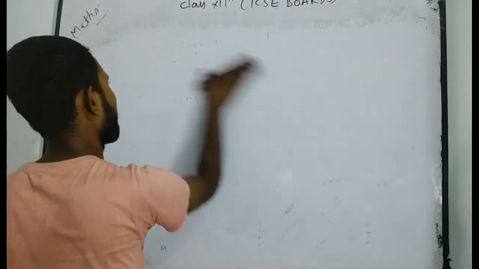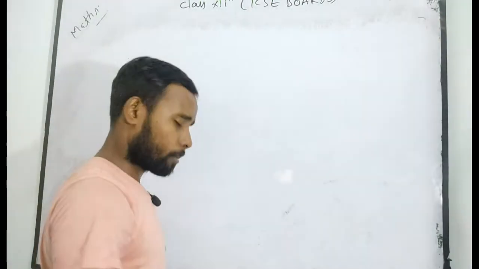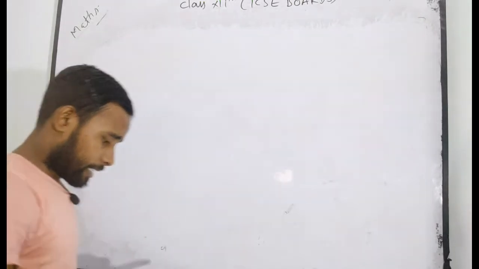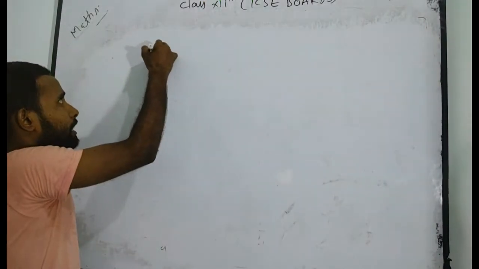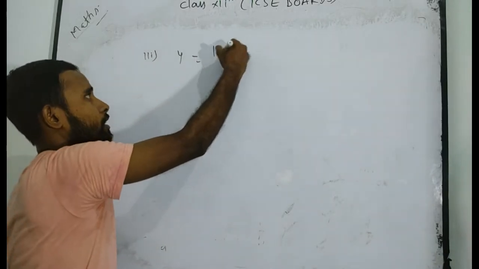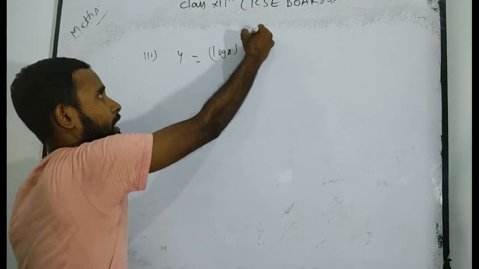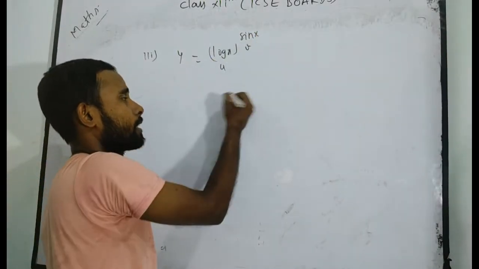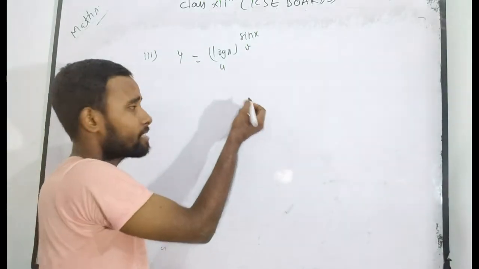Otherwise everything is the same. Still I will solve that problem, and I suggest you can solve it by the trick. The second problem will be the third. See here, y is equal to log x to the power sin x. If you solve by the trick method, you can see this is u, this is v, and you have to write it simply.